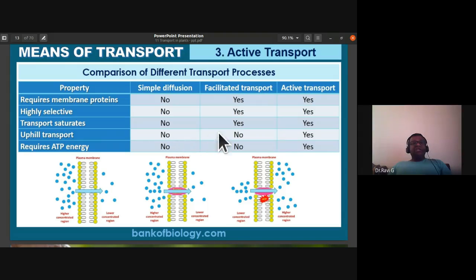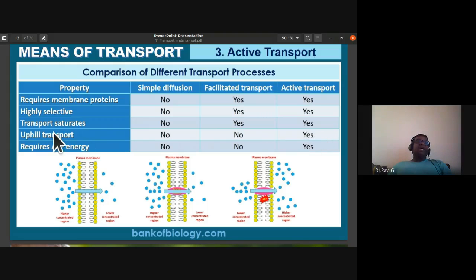In simple diffusion and facilitated diffusion, they flow with the concentration gradient, so uphill transport is absent. Whereas in active transport, since molecules flow against the concentration gradient, we call it uphill transport.